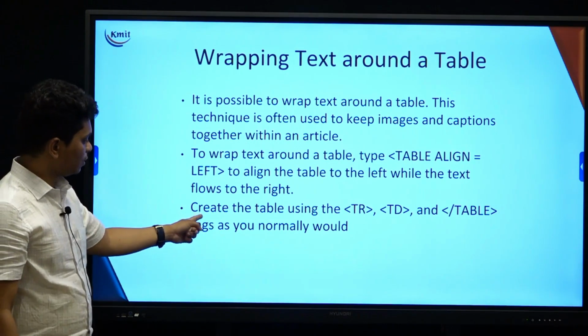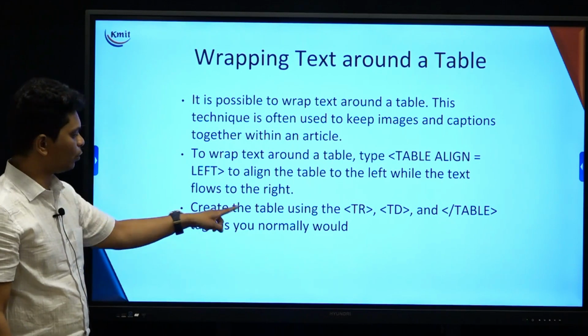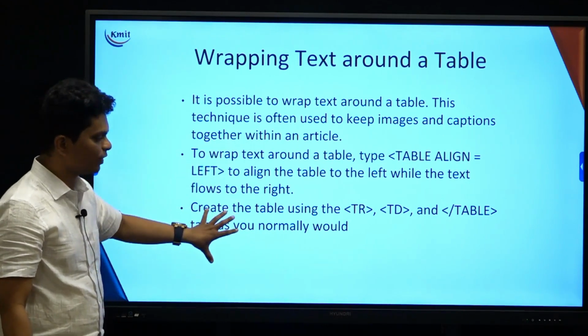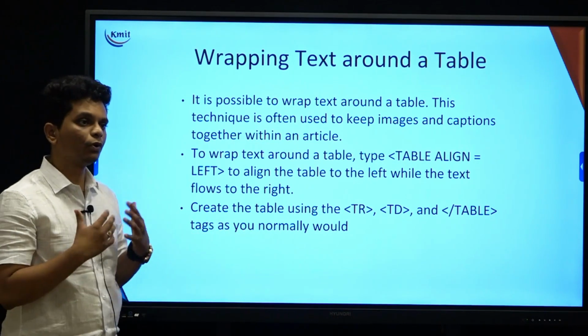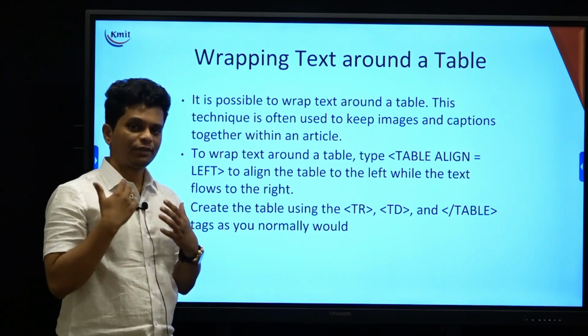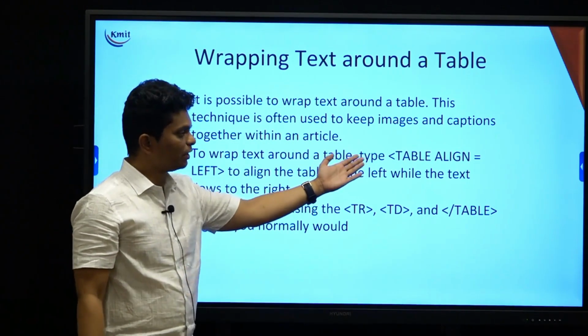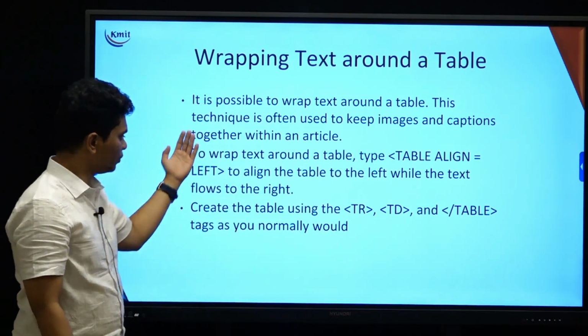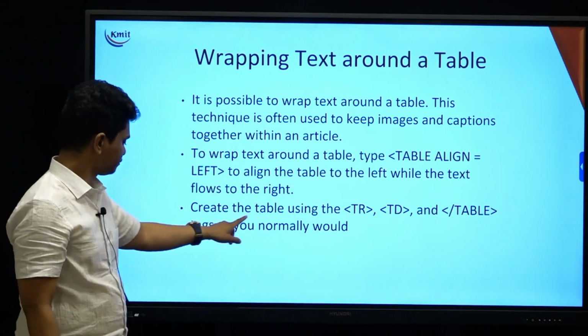Then create the tables using the TR, TD and table tags as you normally would. So in order to have text alongside the table, we may use table align with either left or right.